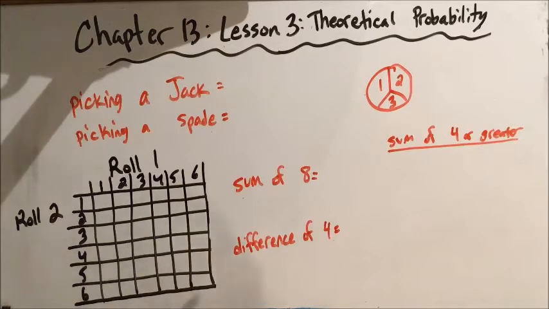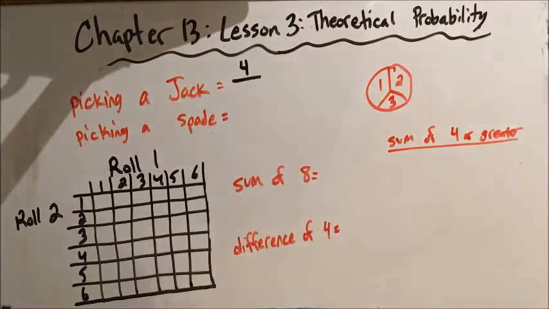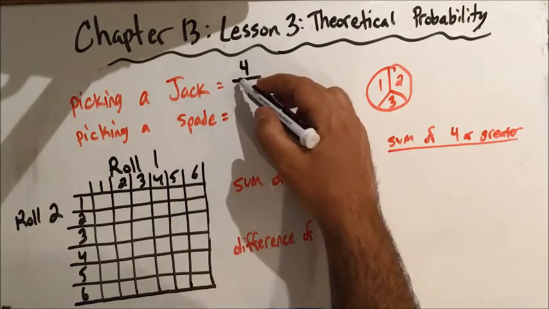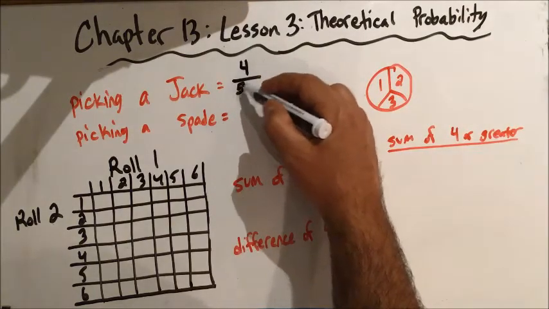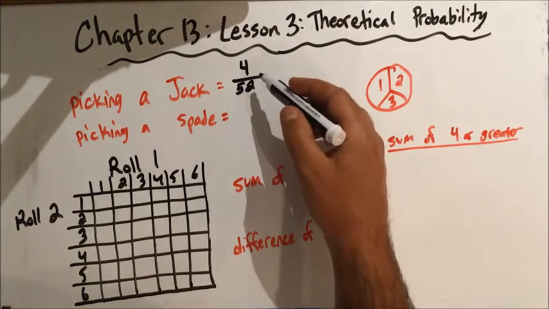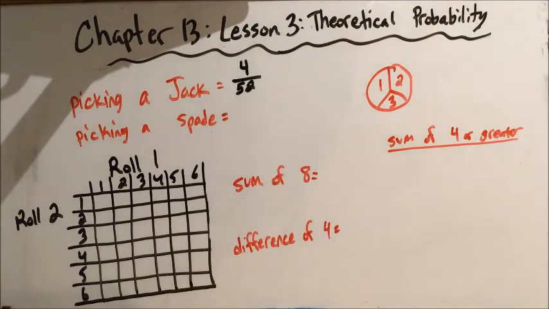So the theoretical probability of picking a jack has 4 jacks as our numerator, and our denominator is our total amount of cards, which is 52. So it'd be 4 over 52. If you wanted to convert this into a decimal number or percentage, you would just divide 4 by 52.